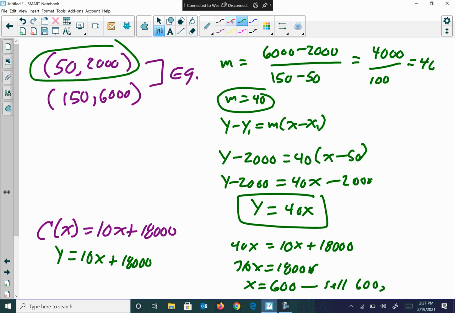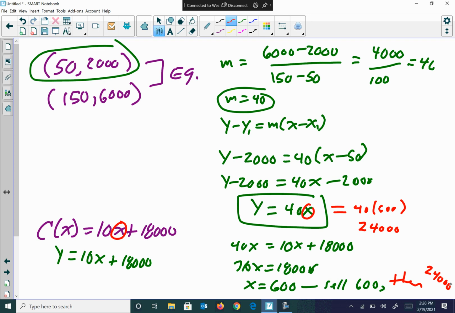then if I take that 600 and I plug it in here or here, it's going to give me the same answer. If I plug 600 in here, that's going to be 24,000. So that's a 50x, right? 50x equals 18,000.